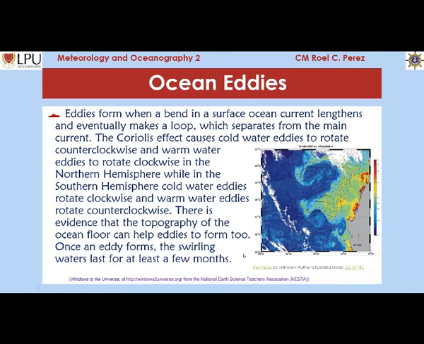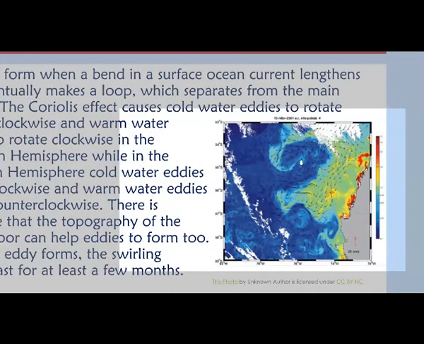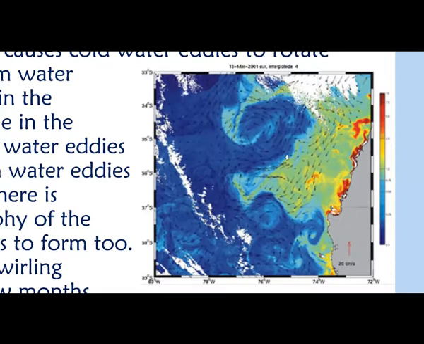There is evidence that the topography of the ocean floor can help eddies to form too. Once an eddy forms, the swirling waters last for at least a few months. So matagal siya sa dagat. So if you can see this one, if I may enlarge it, this is a satellite image of the ocean.